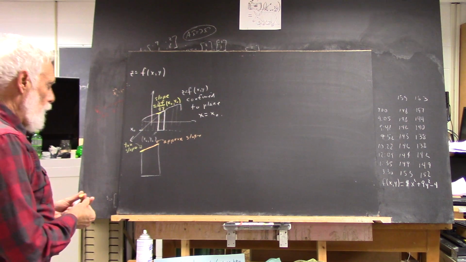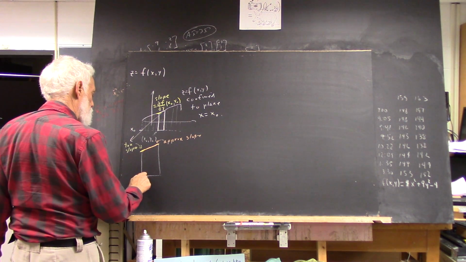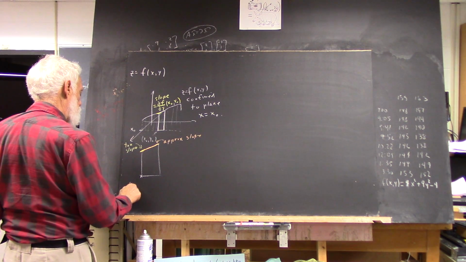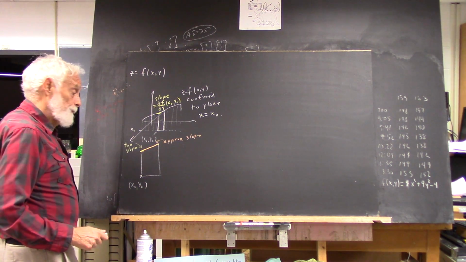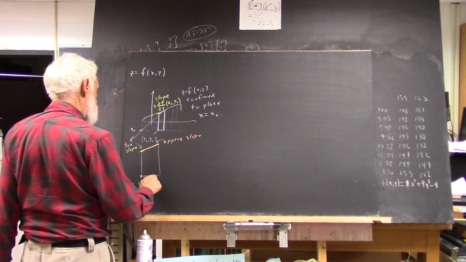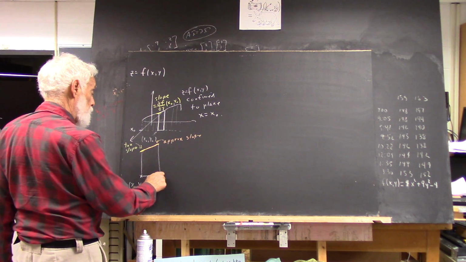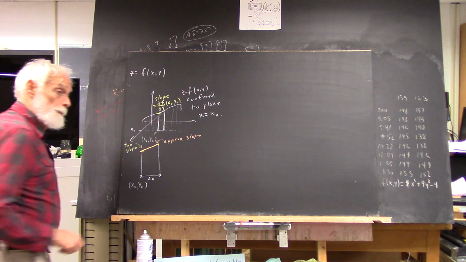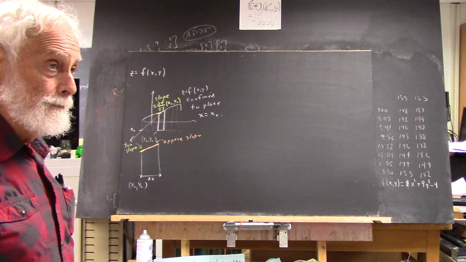Okay, what I'm going to say now is this point here is the point x naught, y naught. If this distance here is delta x, then what are the coordinates of this point? X plus delta x.